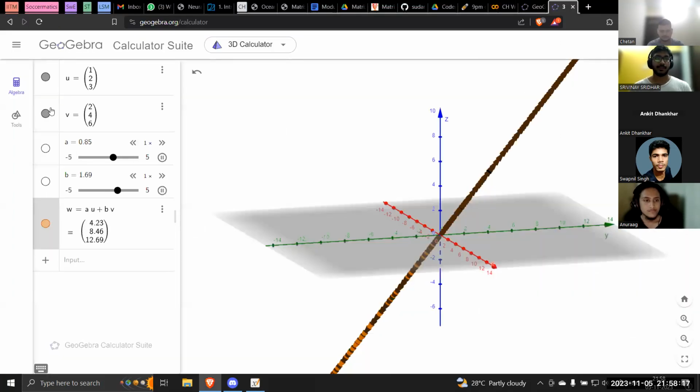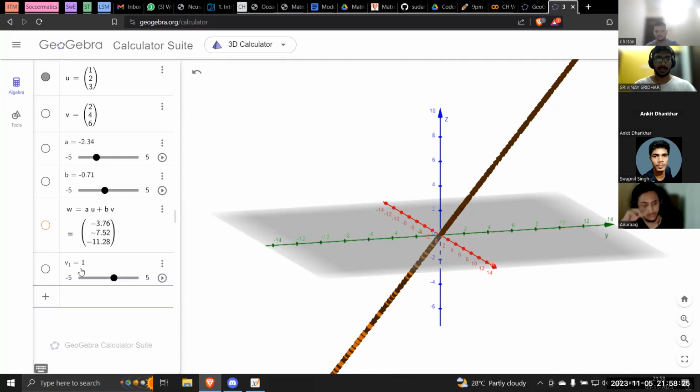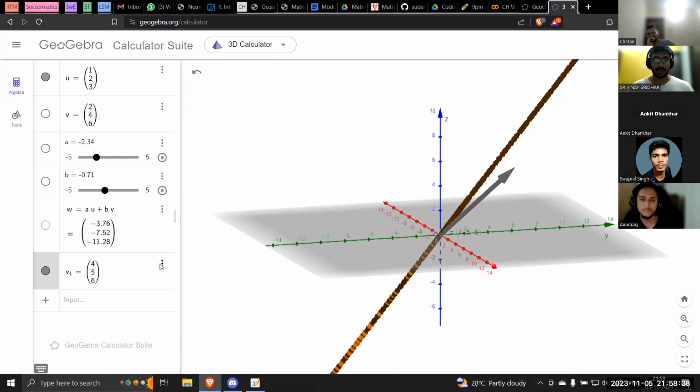Okay. So what I'll do is I'll hide these for now and use the same u, and let's call v1 equal to 4, 5, 6, right? That looks funny. Okay.